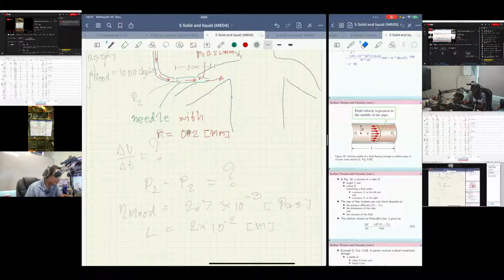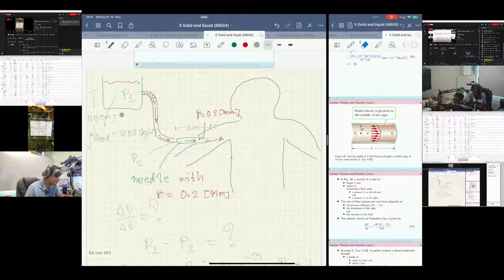What is the pressure difference in this scenario? Of course, you would know that from the physics you learned a couple of years ago in school.